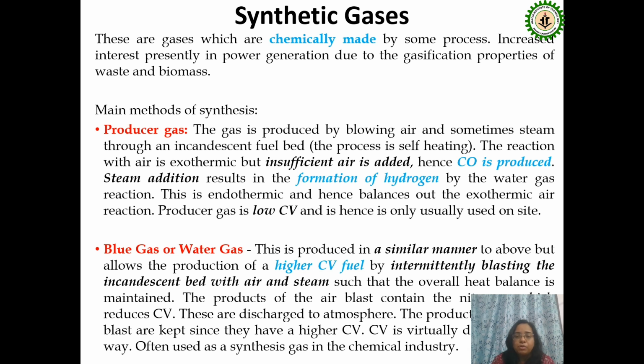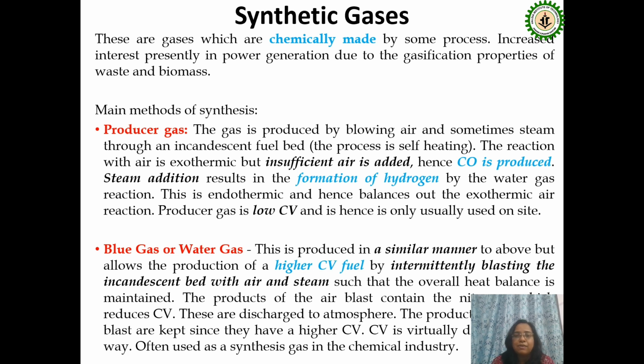Some of the common synthetic gases are producer gas, water gas, oil gas, carbureted water gas, and coke oven gas. These are the important synthetic gases which will be discussed in today's classes. Now, how do we produce producer gas? We provide insufficient air with a little bit of steam to the coke, which is maintained at a very high temperature.